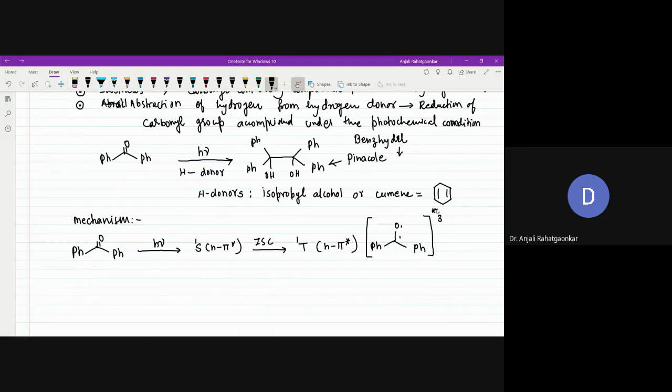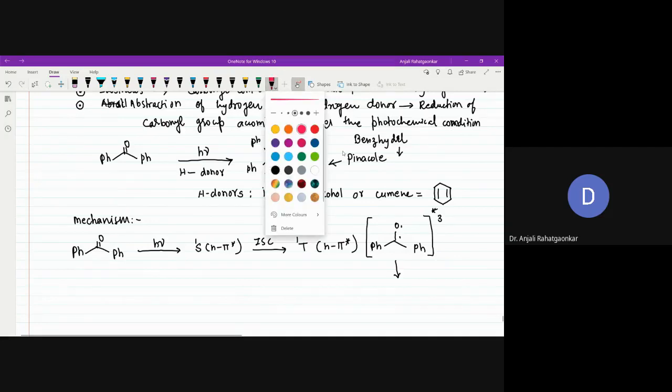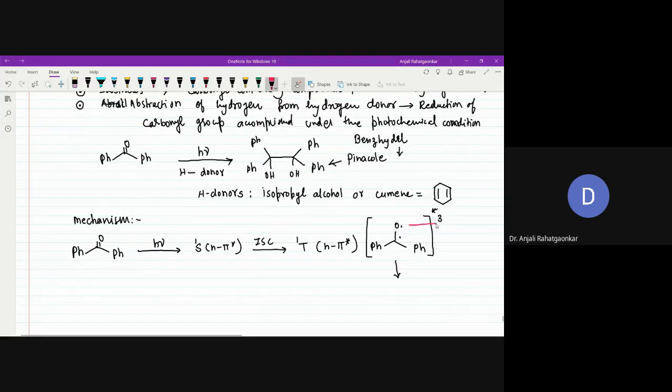This is the triplet state of benzophenone. Now what is happening here? This oxygen is highly reactive, you know that, as we have seen. It is a highly reactive center. The other moiety it requires is a hydrogen donor.